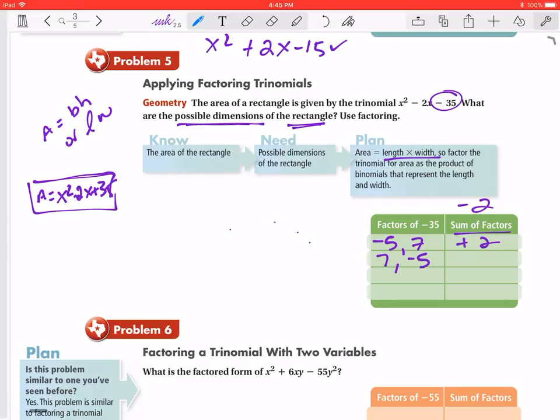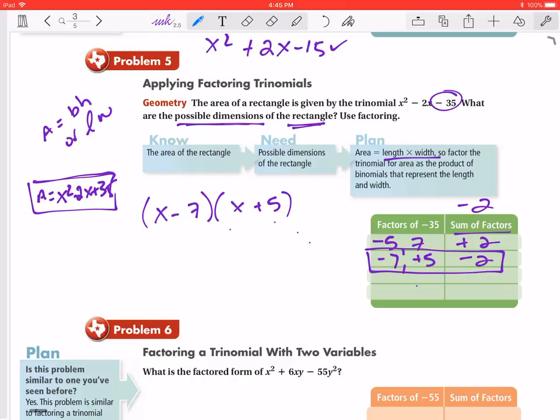It should be negative 7 and positive 5, which will give us negative 2. So that's the one that we actually want to use. So again, just like before, we're going to have x minus 7 times x plus 5.